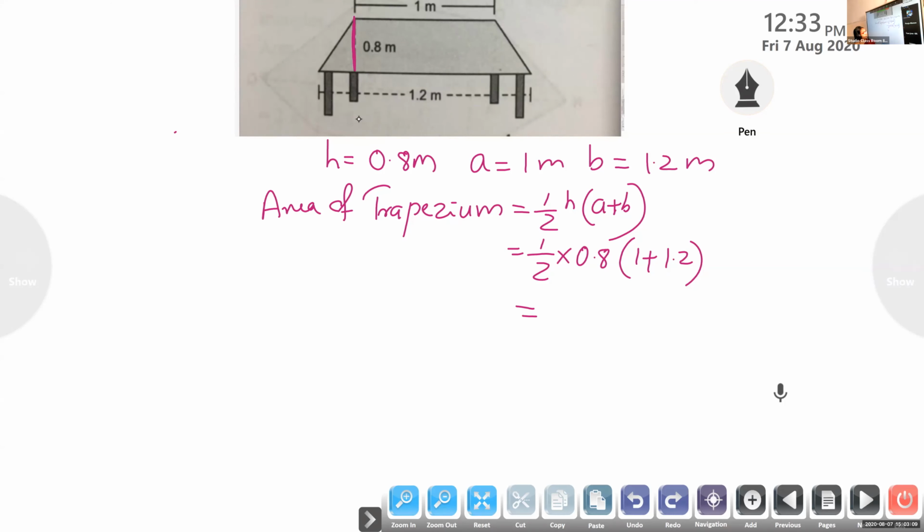Pooja, what was the answer? Ma'am, half into 0.8 into 2.2. Equal to what? That is equal to 0.8 by 2 into 2.2. Fine. Give the final answer.